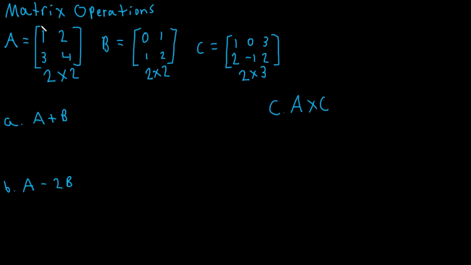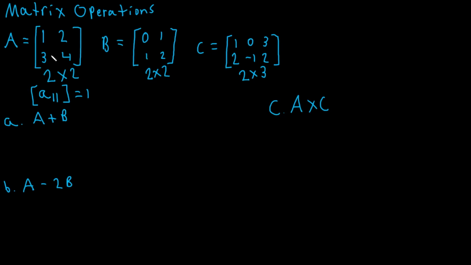For example, to describe this entry right here, we would use a lowercase a first, because that's the lowercase version of the letter that describes the matrix, and then describe the position of the entry using rows and columns. Since it's always rows by columns, this entry right here is in the first row and first column, so it would be 1, 1. To show it's an entry, we would put square brackets around that, and that would just equal 1, because the entry in the first row, first column is 1.